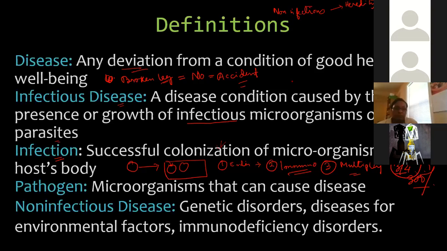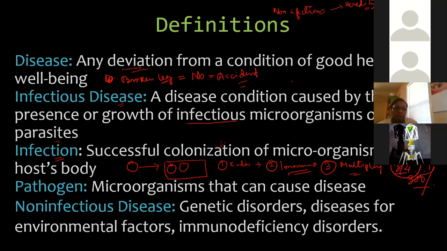You inherit the sickle cell gene from one of the parents, and that's how you get that disease. In that case, no bacteria or pathogen is involved, but it's a disease.